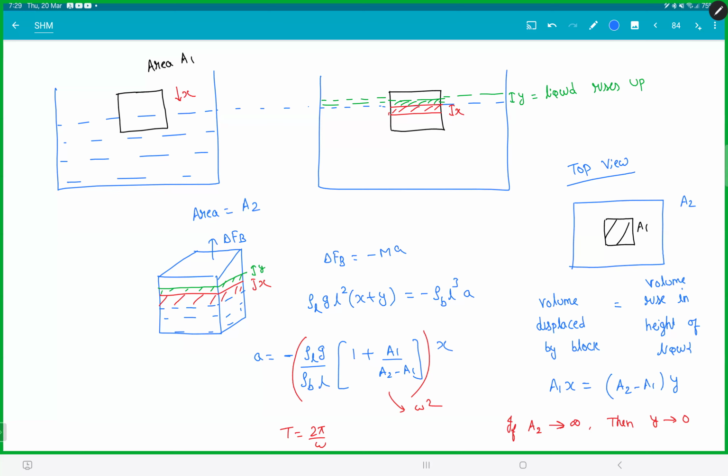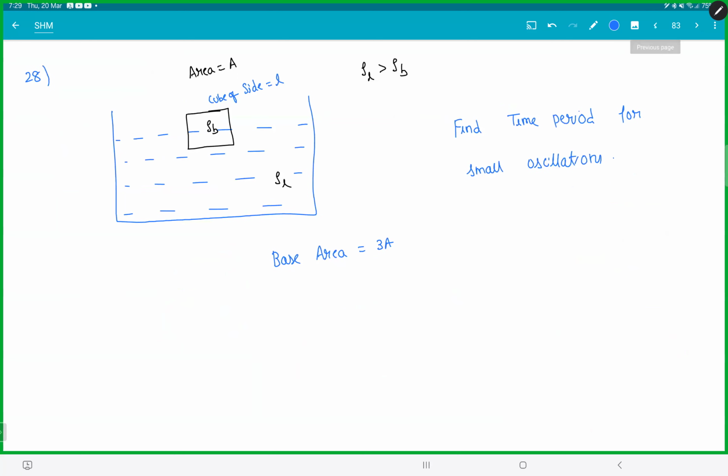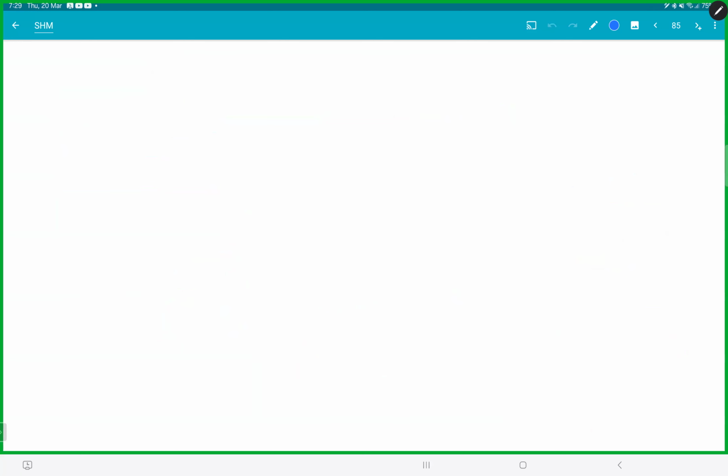Clear? So that is the difference between the example problem and this. Next one. So when I gave the base area, that should have been a little suspicious. If you push the block by x down, extra buoyant force won't be x, it'll be x plus y. Next one.